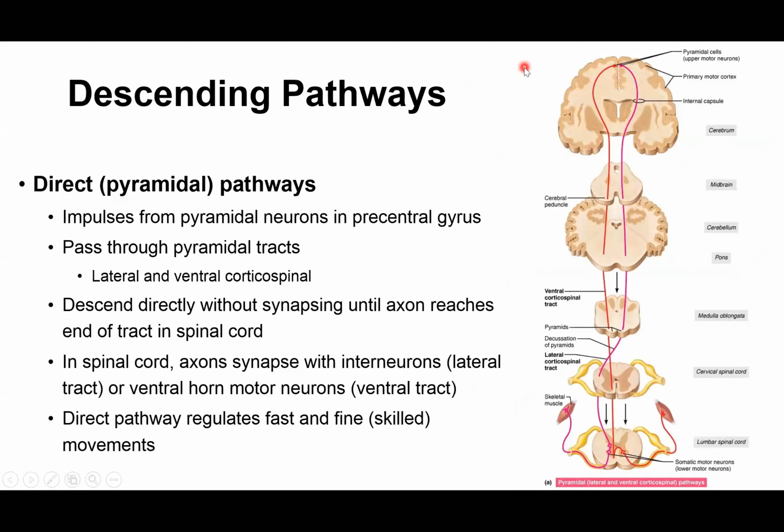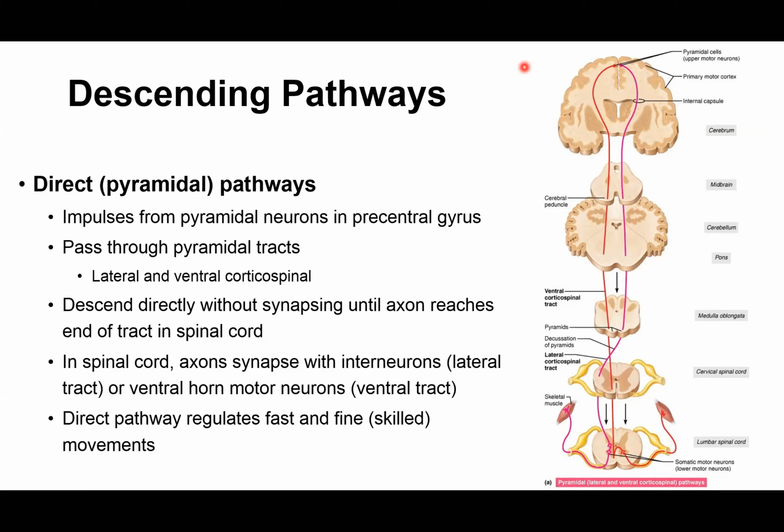So let's talk about these direct or pyramidal pathways. These direct pathways take information from the neurons in the precentral gyrus and pass through the pyramidal tracts. And so we have lateral tracts, and we also have ventral corticospinal pathways.